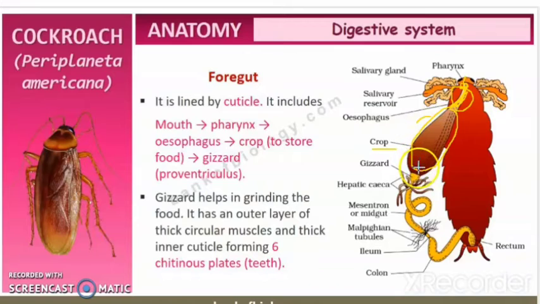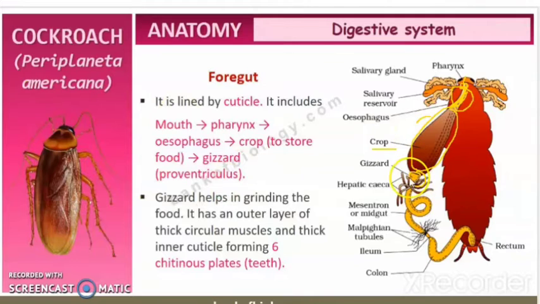Now after the crop we find the next part, which is called the gizzard or proventriculus, right? So this part is called the gizzard or proventriculus, and it has an outer layer of thick circular muscles and a thick inner cuticle, which forms 6 highly chitinous plates called teeth.